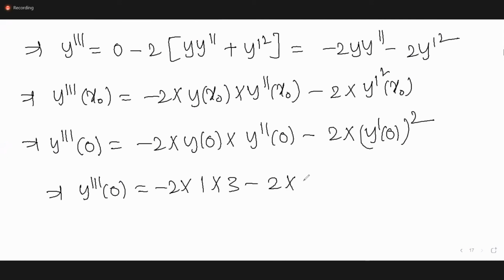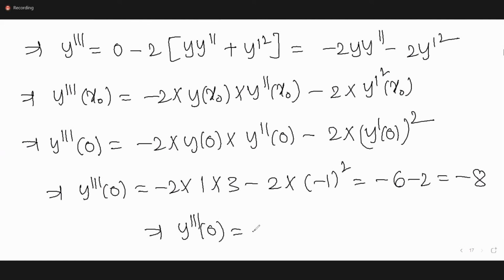Minus 2 into y dash of 0, minus 1 whole square. So minus 6 minus 2, that is minus 8. So the third derivative of y at x is equal to x naught, that is 0, is minus 8.